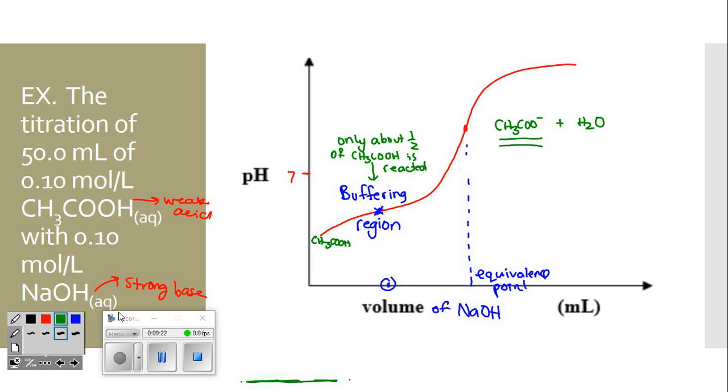So if I consider the reaction that's happening, I'm adding sodium hydroxide, so hydroxide ions, and my acid is donating protons to the base. But it's only half done. So what I have is a solution that has about half of the acid and about half of the conjugate base.